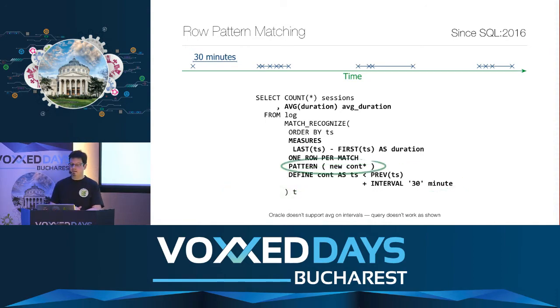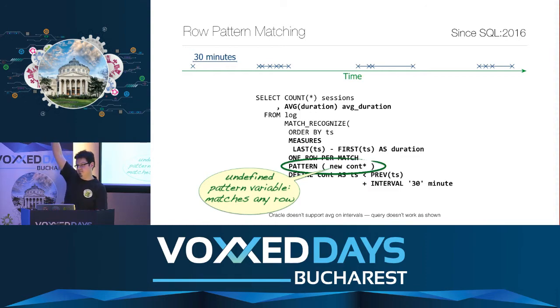The next one is the pattern clause. Who knows regular expressions? No kidding. This is basically regular expressions, just a light version. It's not fully fledged, and it does not operate on characters, but on rows.